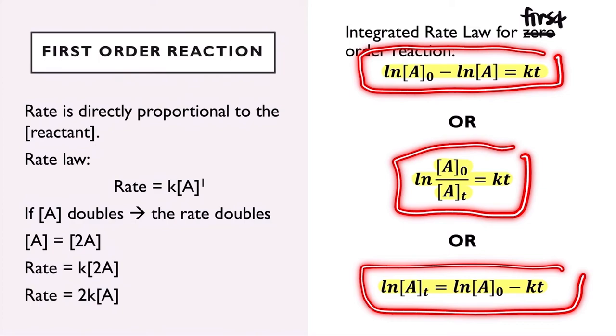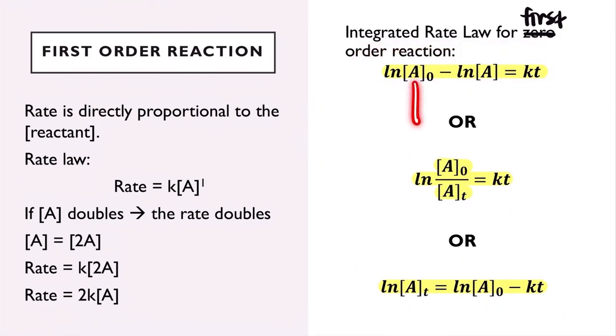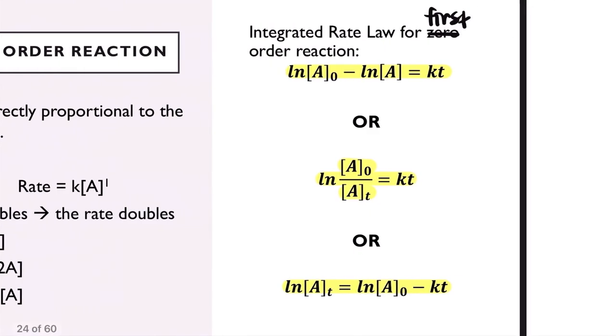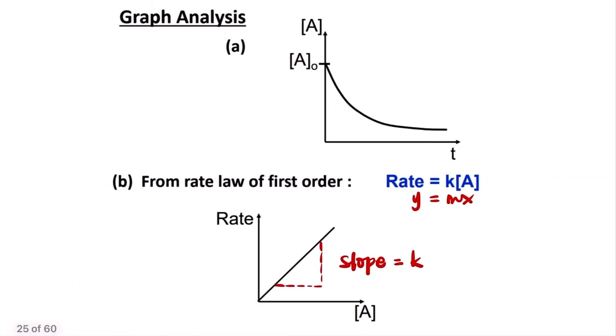So macam biasalah, if you want to find the concentration of A at time T, you just need to insert your initial concentration, your rate constant and time. Okay, make sure units are correct. So also macam zero order reaction tadi, we can use the integrated rate law to sketch your graphs.